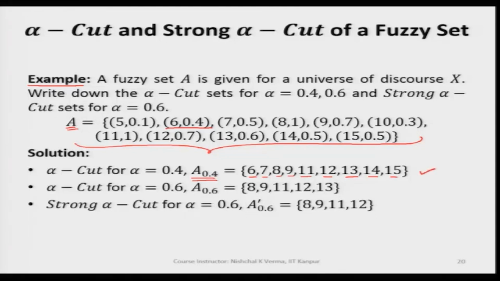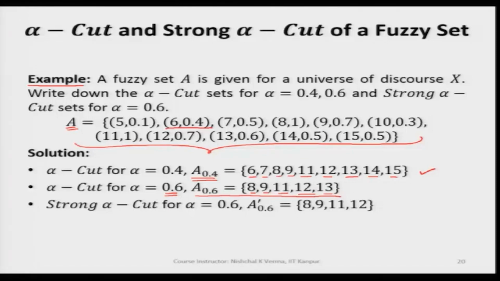Now, if we change the value of alpha to 0.6, my A 0.6 cut of A will be the collection of 8, 9, 11, 12, 13.